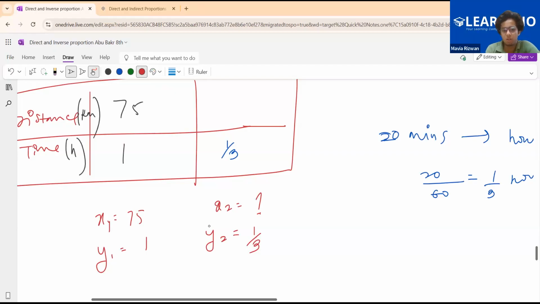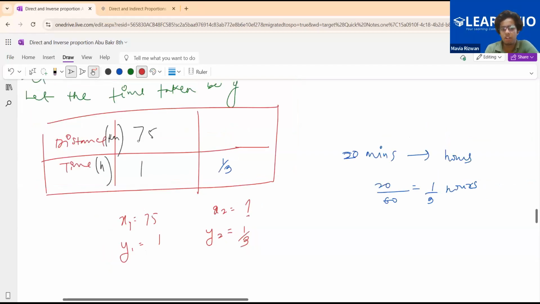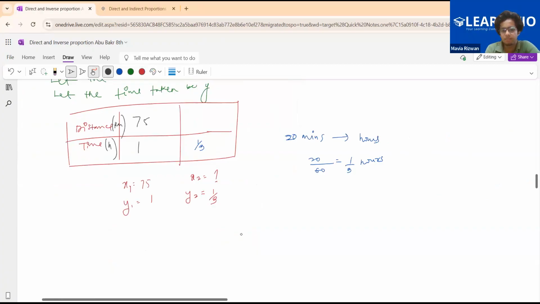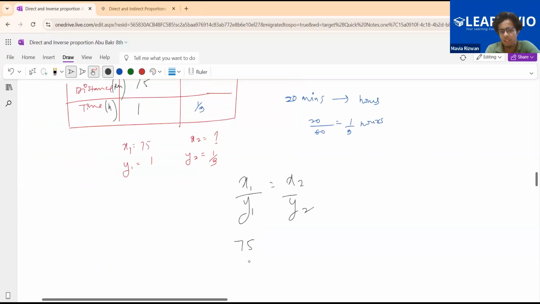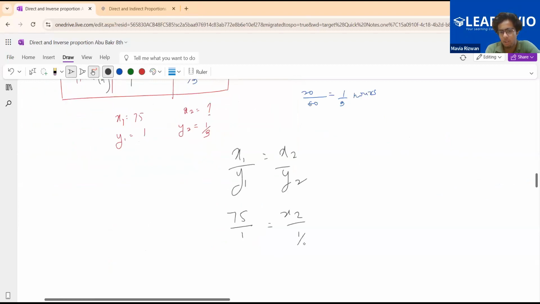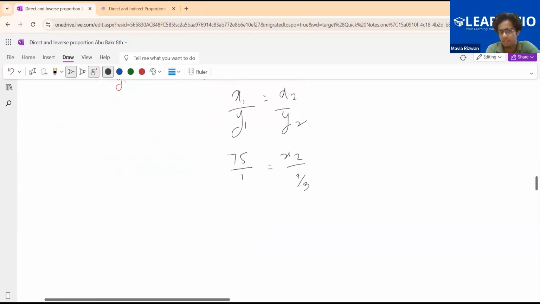Yes, sir. Abubakar, is this clear? Okay. Now just put it in the formula. That is x1 by y1 is equal to x2 by y2. So x1 is 75 by y1 is 1, equal to x2 by y2 is 1 by 3. Now you have to be very careful. 1 by 3, when you take it to the other side, is right now dividing, so it would multiply. So x2 would be equal to 75 multiplied by 1 by 3.